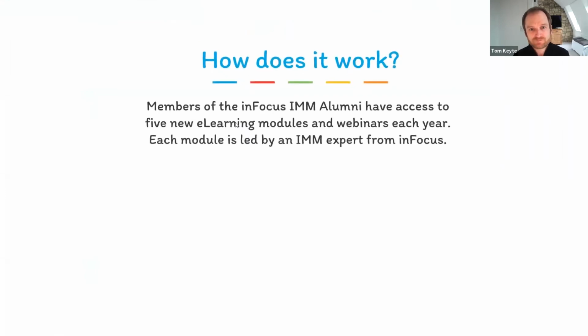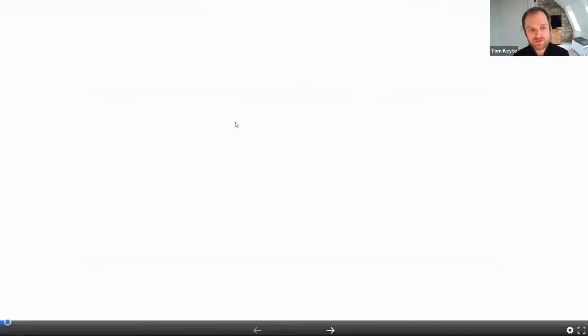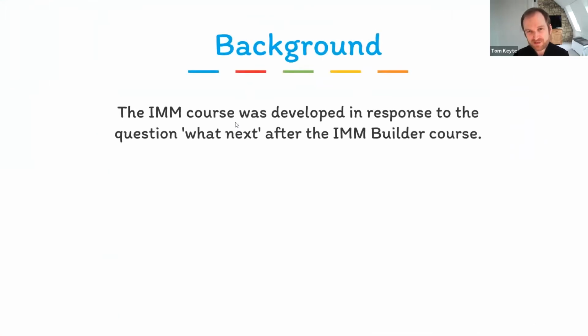So I'll just come back to kick us off. A bit of background to where the IMM Alumni course came from. It was developed in response to the question, what comes next after the IMM Builder course? I'm not sure how many people have completed Builder now, but it grows all the time. And we kept getting the question, what happens next?